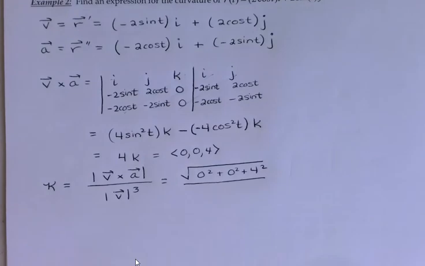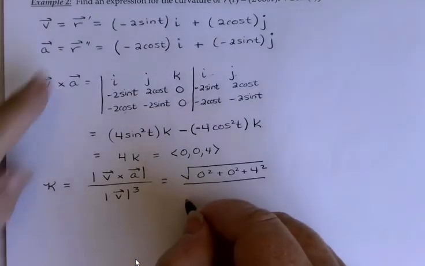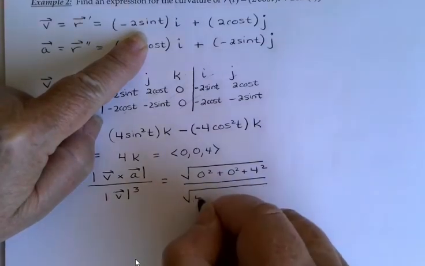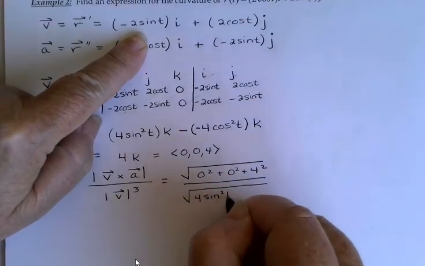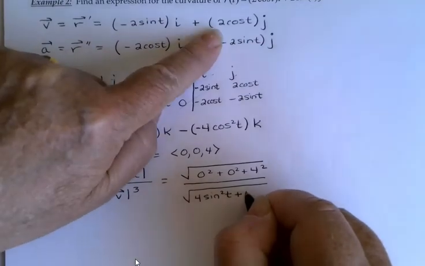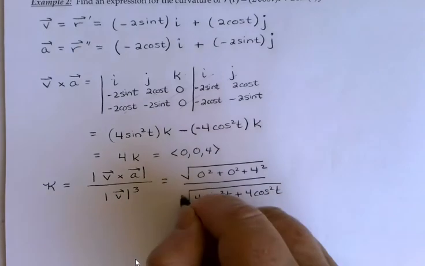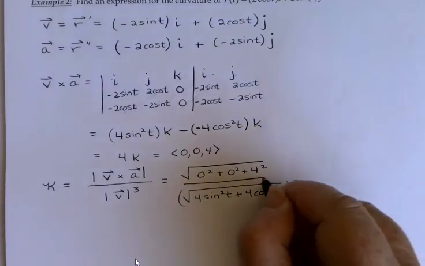And on the bottom, I want the magnitude of v. So that would be the square root of 4 sine squared t plus 4 cos squared t, and that's going to get cubed.